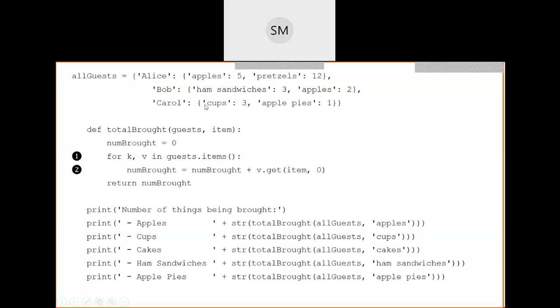So what is the main purpose of this program? We have to give the total count of items. Since it is a very small count here, apple is 5 here and apple is 2 here, so the total is 7, because Alice and Bob are both bringing apples. Just imagine 50 or 70 people bringing the same item and a variable number of items, and we have to count all of them.